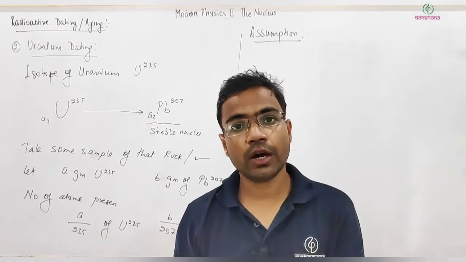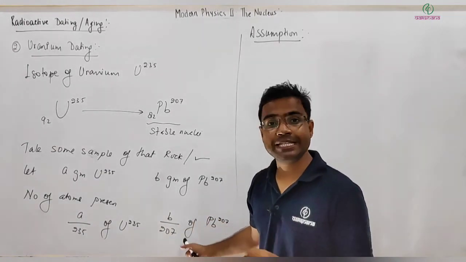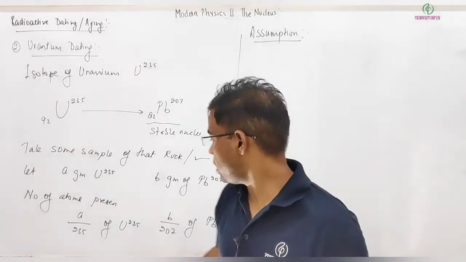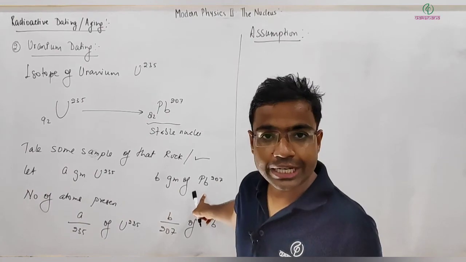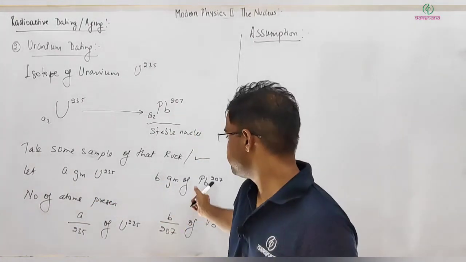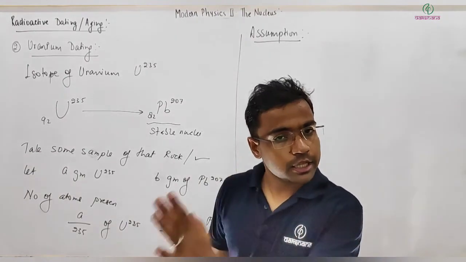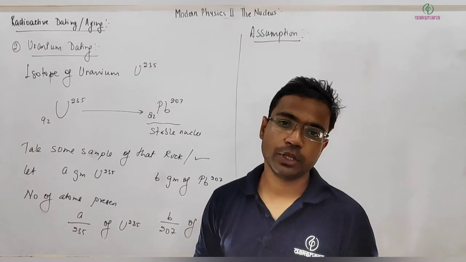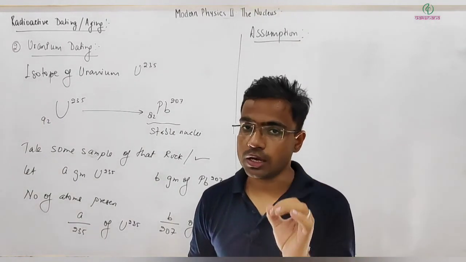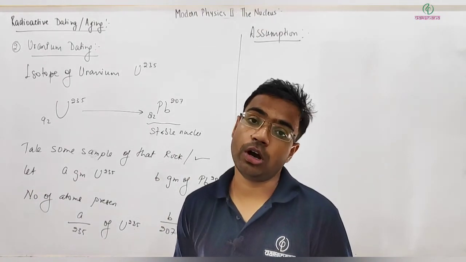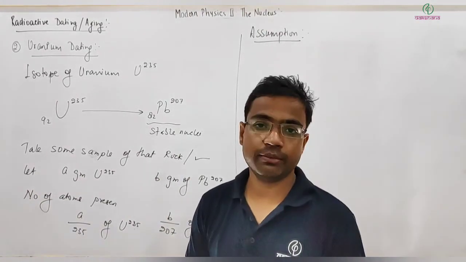Means whatever lead is present in the sample right now, we assume all of it has been converted from uranium, that is, all the lead present in the sample is the product of uranium 235 decay. This assumption we consider in finding the age with the help of uranium dating.